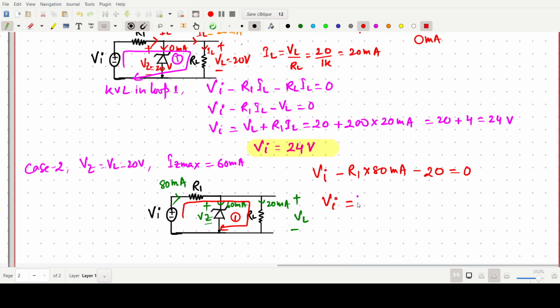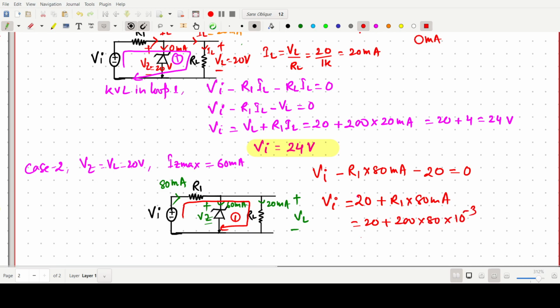So Vi can be written as 20 plus R1 into 80 milliampere. R1 is 200 into 80 into 10 to the power minus 3, so 16. So 20 plus 16 is 36 volt. In this case the Vi value will be 36 volt, which gives the maximum current of 60 milliampere across the Zener.